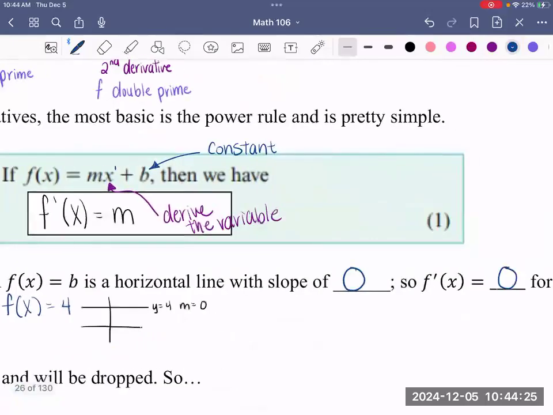So in our case, if we have mx to the first power and we subtract that 1, 1 minus 1 is 0. Well, what do we know about any exponent raised to the 0? It turns into 1. So m times 1 is just m.